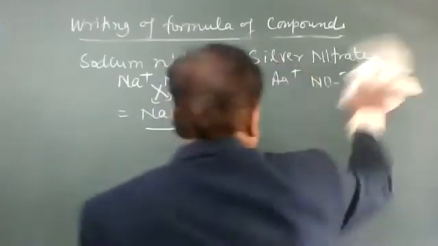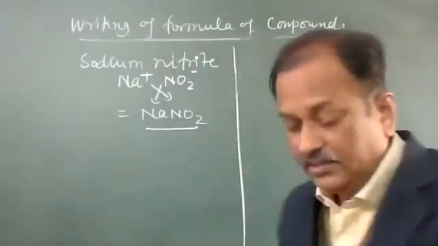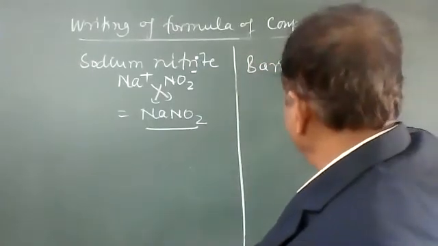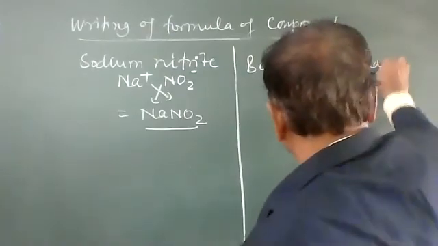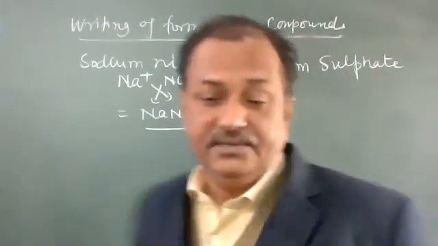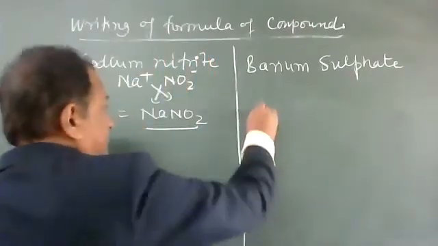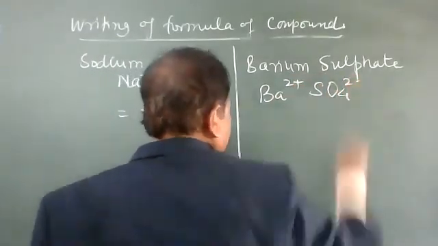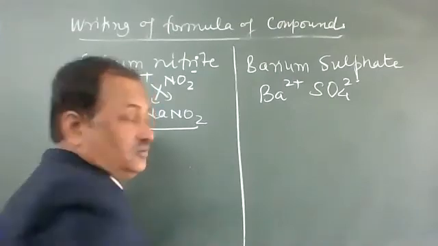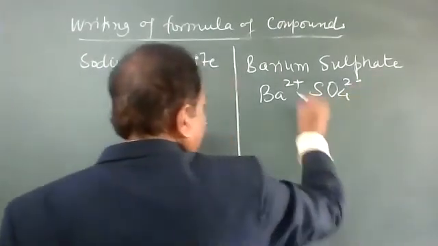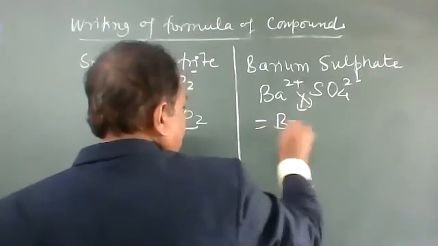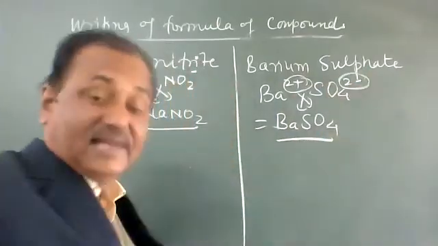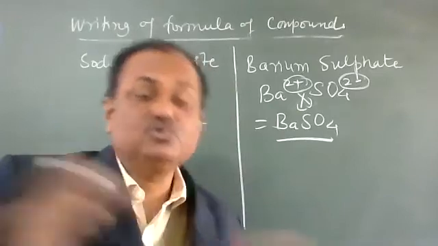Another example, barium sulfate. Barium Ba2 plus, sulfate SO4 2 minus. So exchange of charges, and it will be BaSO4. So 2 plus and 2 minus, both the charges are the same, so they will cancel out.